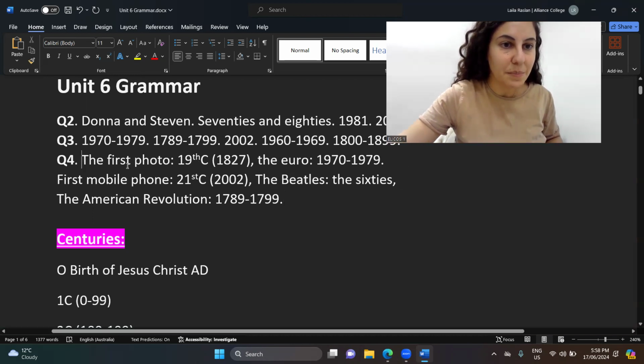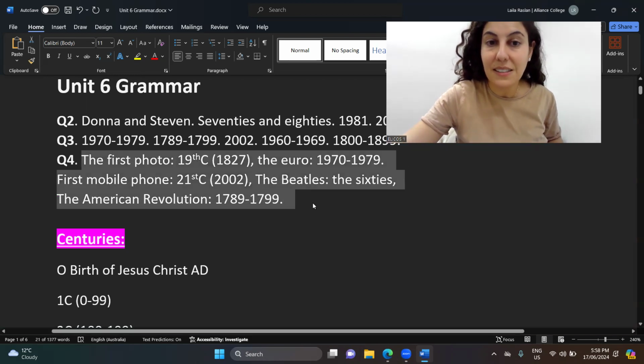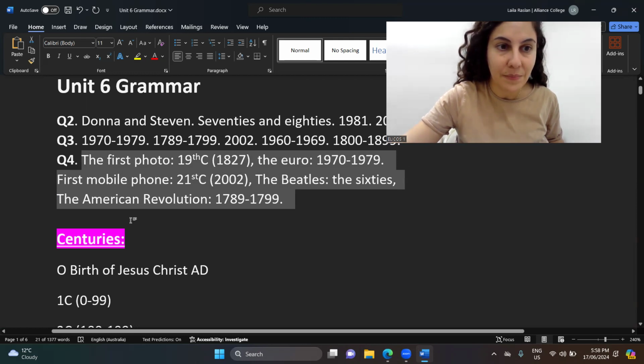Okay, so these were just some things in time. We could see when did they happen. The first photo, the 19th century, the euro, was in this time. The first mobile phone was in 2002. The band, the Beatles, was in the 60s, and the American Revolution was in this time.